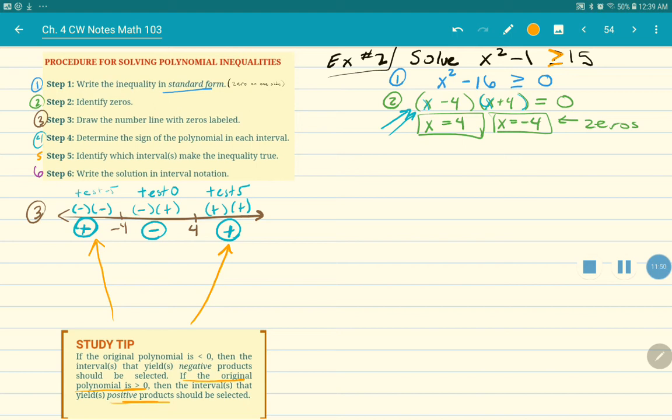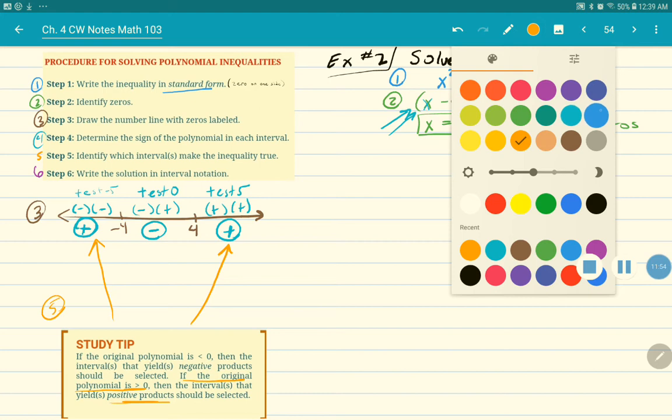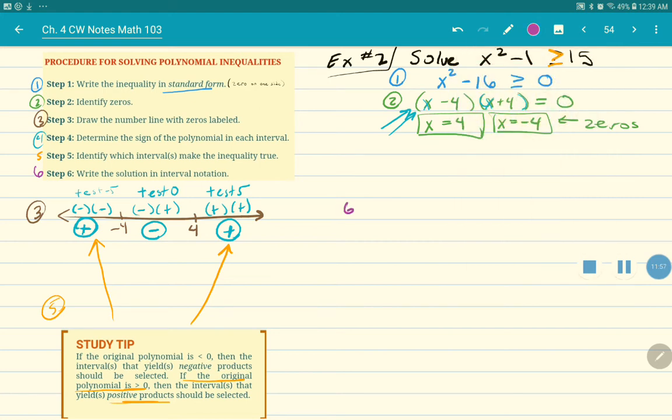So to write that in interval notation, I have two intervals here. I have from -infinity up to -4. And there is an equal sign here, so that means I'm going to include the -4. And skip that center interval because it's not true there.